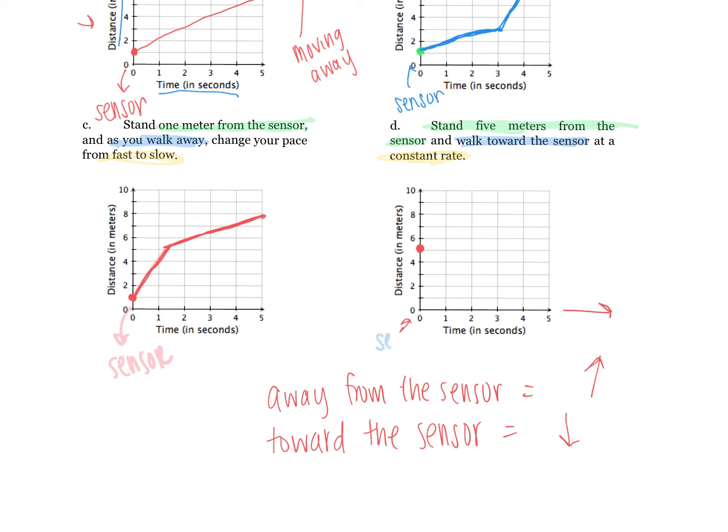I want to get to here. This is my sensor. So over time, I'm walking toward the sensor at a constant rate. So my line would just be a straight diagonal line, okay? Here it doesn't tell us if we're walking fast, slow. It just says it's a constant rate, okay?